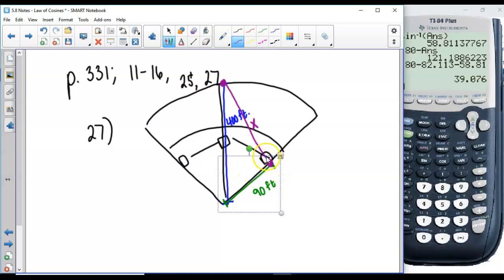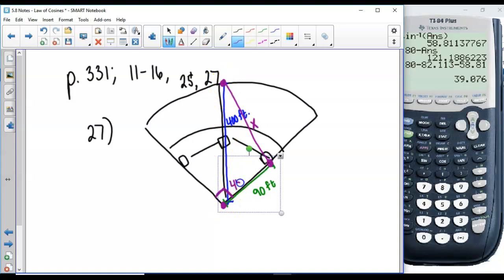Okay, so my picture's not drawn very well, but the infield there sometimes is called the diamond, but it's also a square. So that means this angle right here is a 90-degree angle. If we're going from home plate directly to center field, then that's going to split that angle in half.